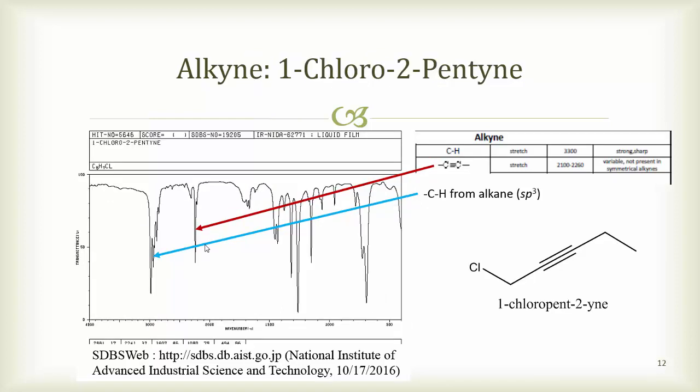Sometimes, though, your alkyne is somewhere in the middle of a molecule, and we call these internal alkynes. For an example, I have 1-chloro-2-pentyne, and in this particular example, we still have sp3 carbon-hydrogens in the molecule. So we still see the carbon-hydrogen sp3 stretch just below 3000 wave numbers.